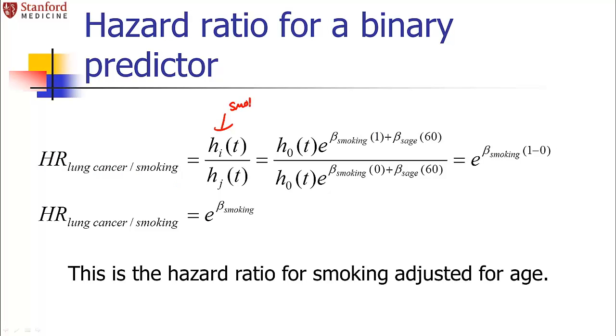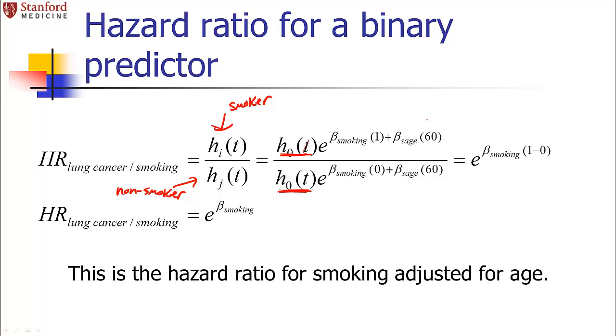So I'm going to take the hazard ratio estimate from the model for the smoker versus the non-smoker. But I'm not going to fill in anything particular for the baseline hazard function, which again is allowed to change over time. But I'm going to assume that they both have the same underlying shape of that baseline hazard function. I'm going to assume it's the same for both, but that the smoker gets an additional increase in the hazard at all times because of the fact that they're smoking.